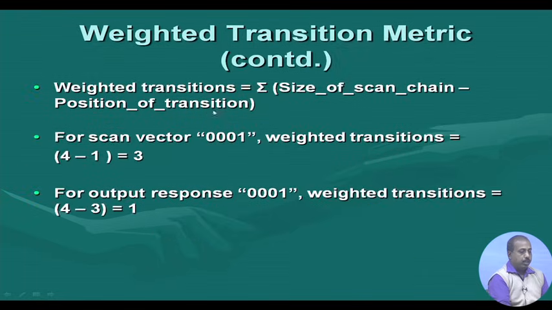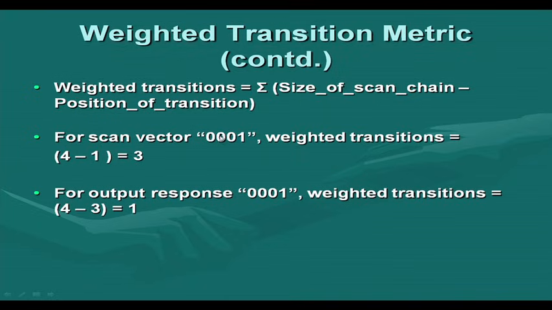Now, the weighted transition is computed as size of scan chain minus position of transition. If this is the test pattern that we are going to shift, this transition is occurring at position 1, and it will affect all the 3 flip flops. So, the weighted transition is size of scan chain minus position of transition: 4 minus 1 equals 3.